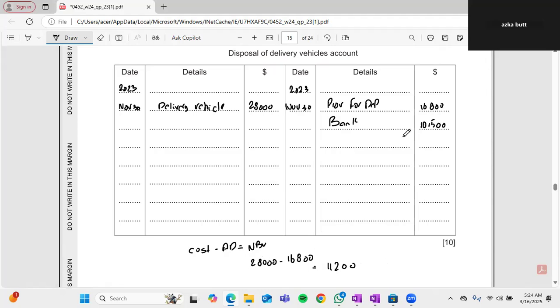Okay, and the amount which you received is 10,500. So it means that there's a loss. So loss is equal to 700. So this is the loss on disposal. If there's a loss on disposal, your income statement will be debit and disposal account will be credit.